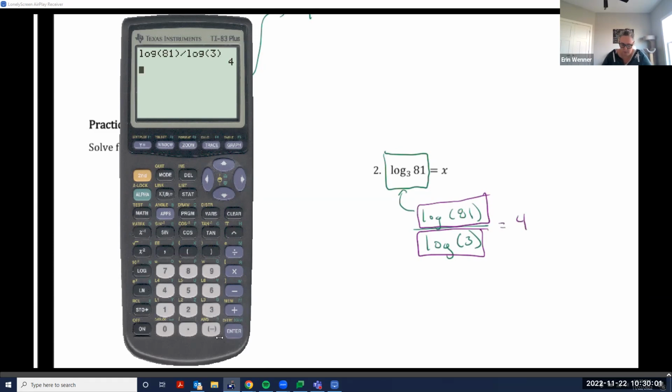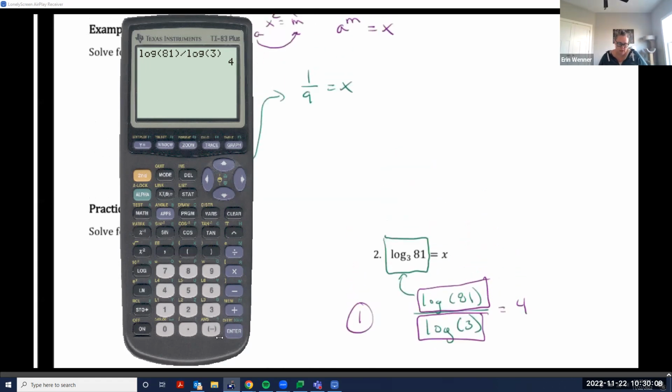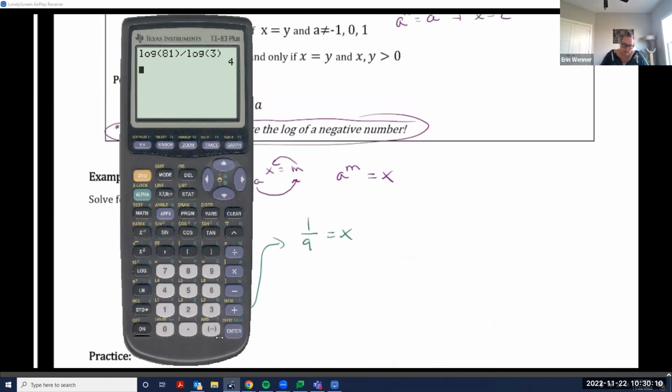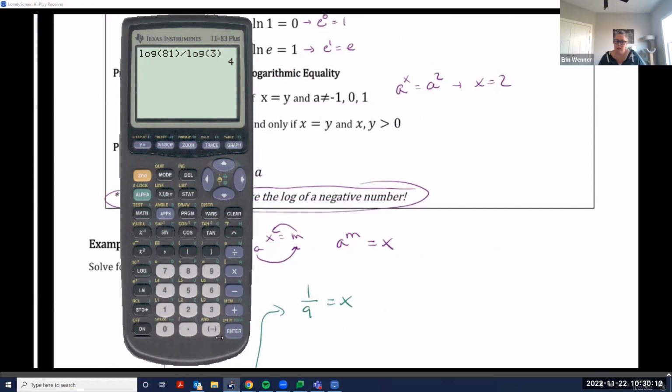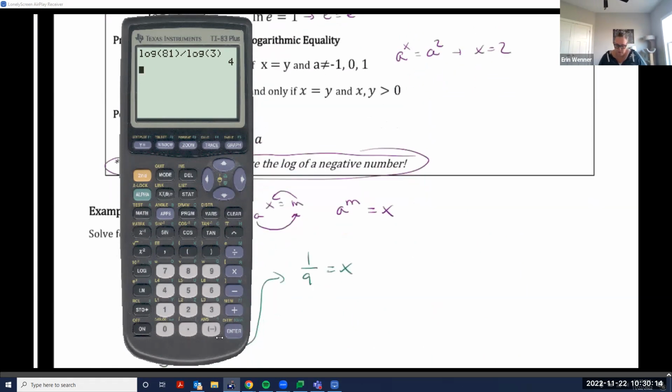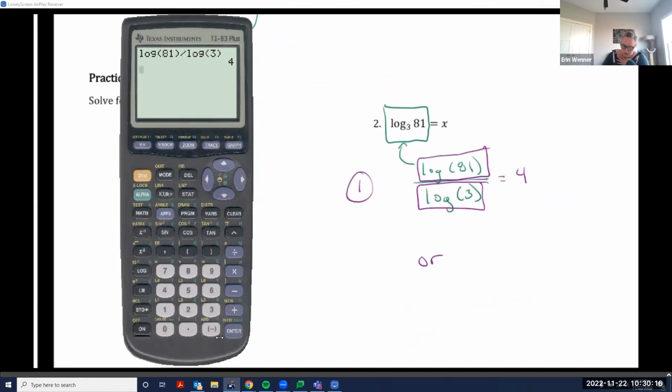Now that is way number 1 to solve. Or if we think about these statements of exponential equality, if we were to turn this into an exponential equation, we would have 3 to the x equals 81.